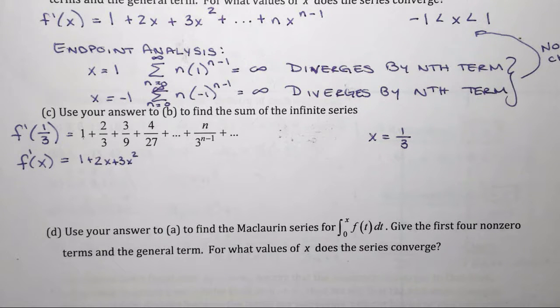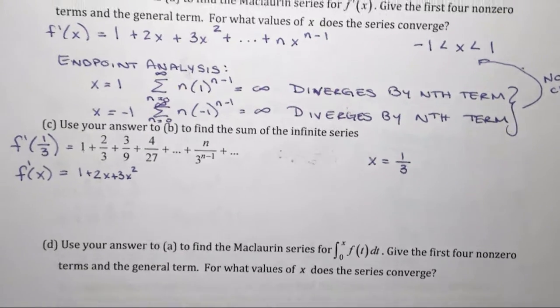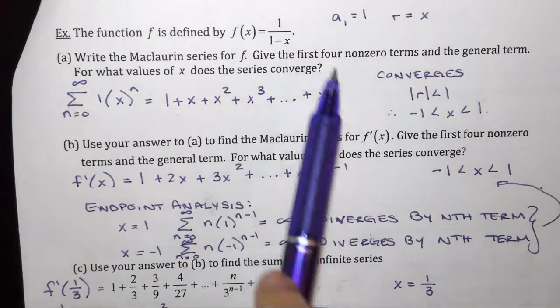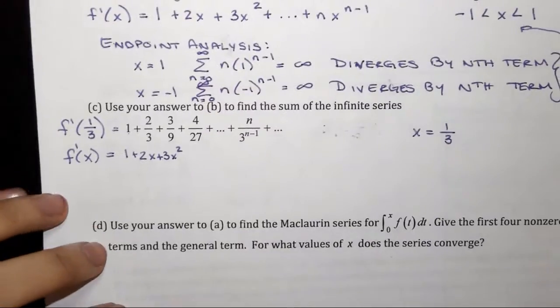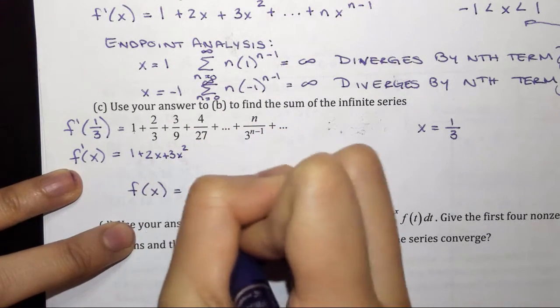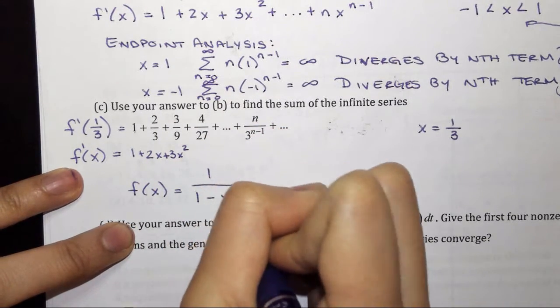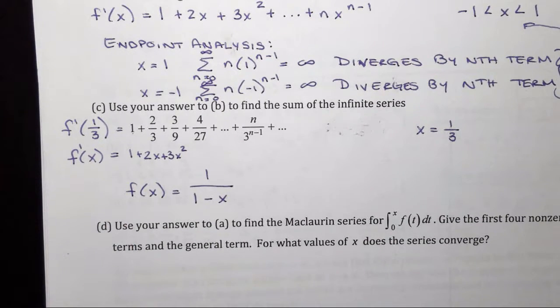Okay? So here's what you got to do. Now we have to find f prime of 1/3, which means you go back to your original f of x, which is 1 over 1 minus x. So I go back to my original f of x equals 1 over 1 minus x. I find the derivative of that.